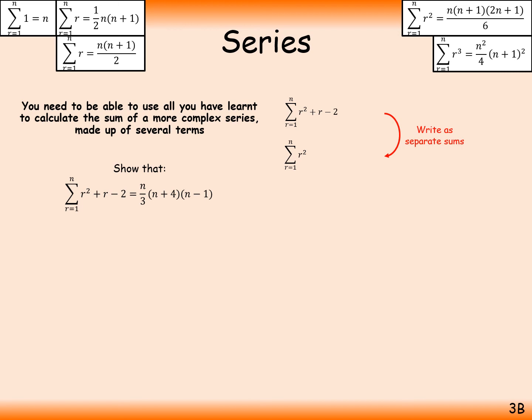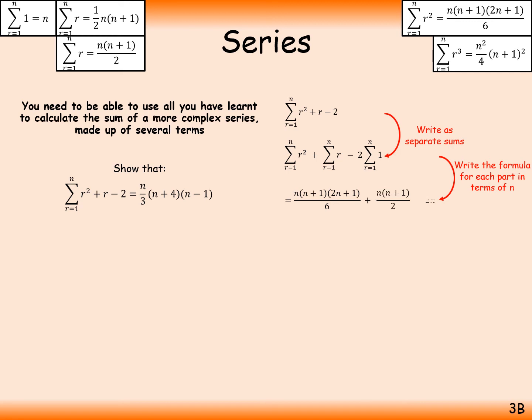So we could write this as sigma r squared plus sigma r minus 2 lots of sigma 1. And if we write the formula for each one, and we've seen in the last video, the sum of r squared can be written as n, n plus 1, 2n plus 1 all over 6. And the sum of r is just n, n plus 1 all over 2, minus 2 lots of n.